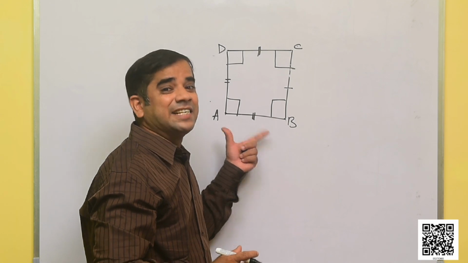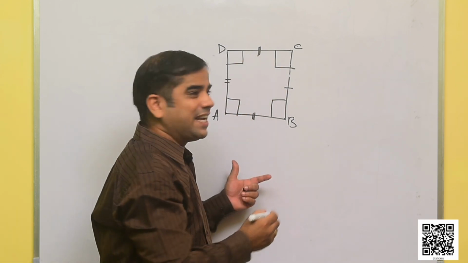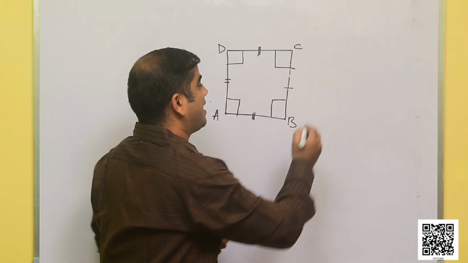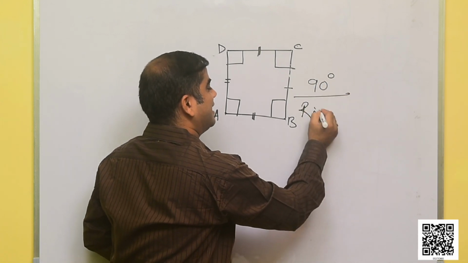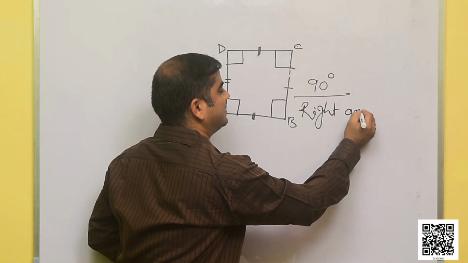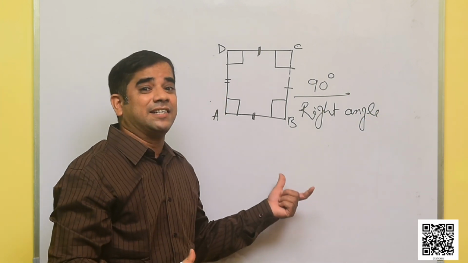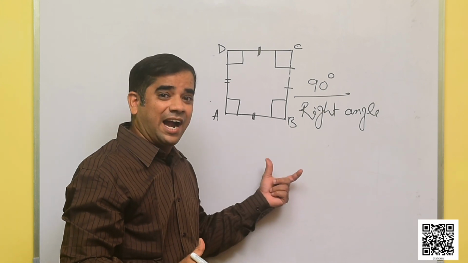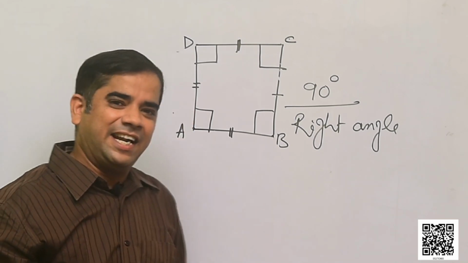Each side has the same length and as it is an enclosed surface, it is creating 4 angles and each angle has a value of 90 degrees, which is nothing but a right angle. So I can say that a square is an enclosed surface having 4 equal sides and the angle between 2 adjacent sides is 90 degrees.